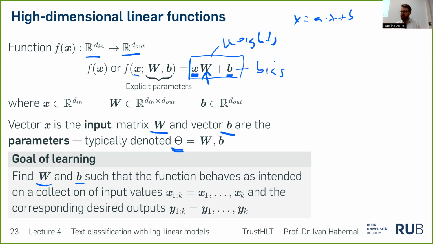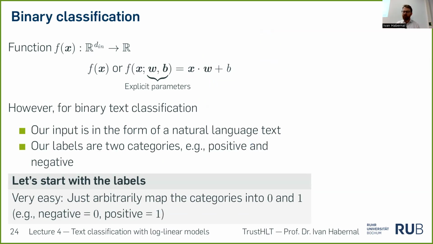Okay, let's go. So binary classification, again, is a function. Our function is going to be even simpler. The output space will be a scalar in this case, because I have two categories, positive and negative. So I'm going to start with the labels. What's the input? X, it's a natural language text. That's going to be a little bit tricky.